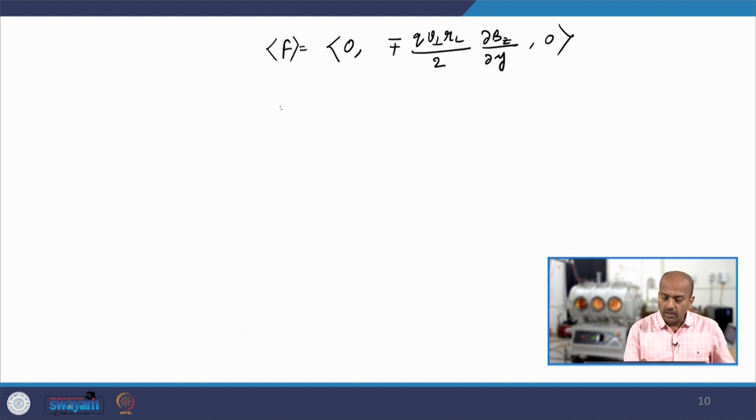Now, let us evaluate the drift. Because this drift is because of the change in the magnetic field, we will say 1 by q, since Fy is the only non-zero component of the force, Fy cross B by B square.